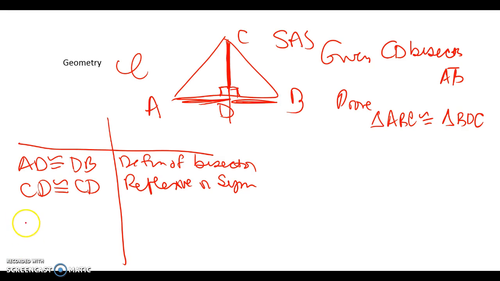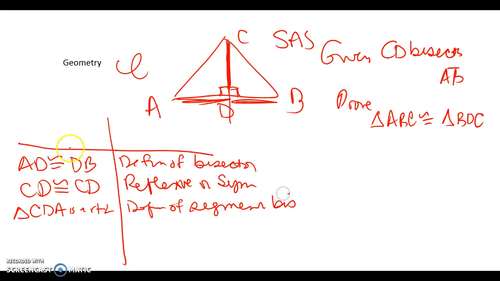But then we would say angle CDA is a right angle. And I think that's probably by definition of segment bisector, right? And then also angle CDB is a right angle, definition of segment bisector.